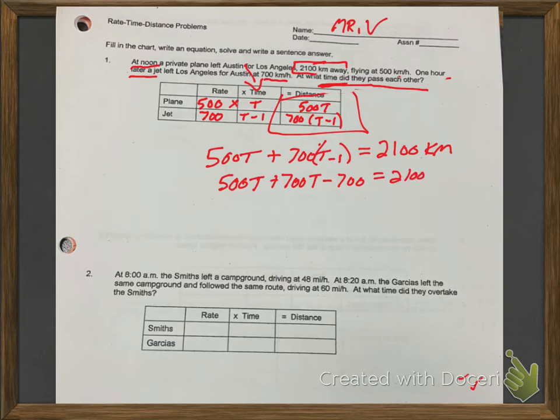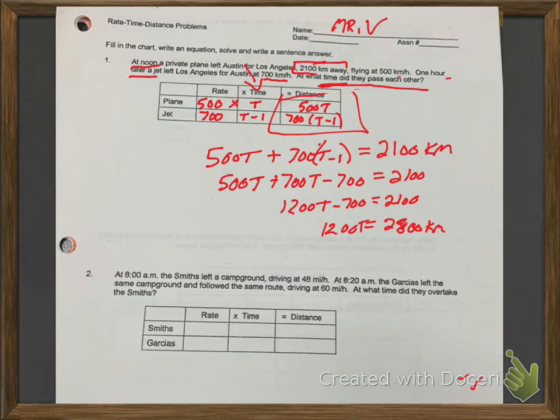Then I combine like terms and get 1,200T minus 700 equals 2,100. I'm solving for T, so I add 700 to each side. So I get 1,200T is equal to 2,800 kilometers, or just 2,800.